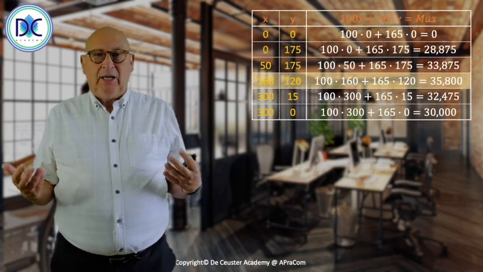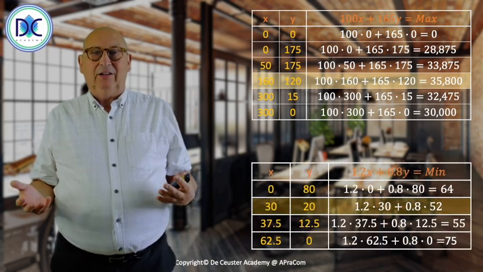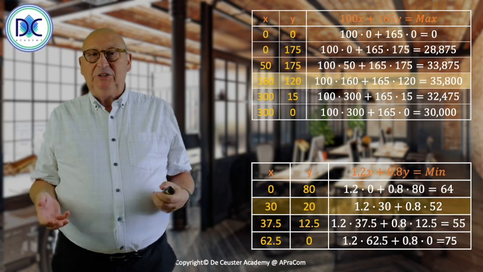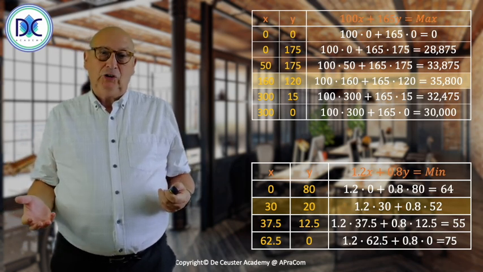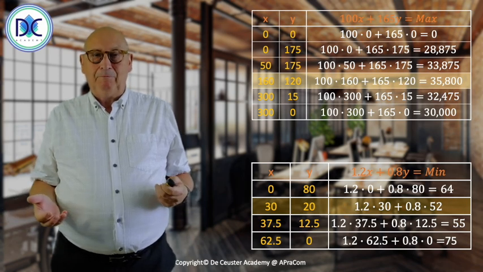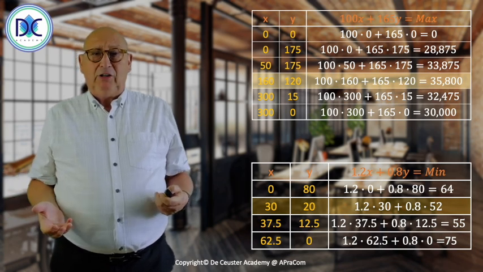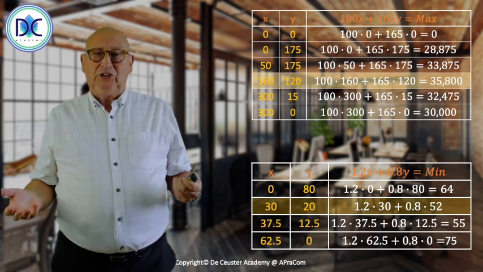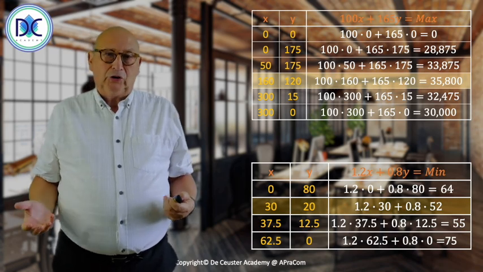The corner points are points that probably will entail a solution. For a maximization problem, we calculate the value of the objective function, which should be maximum, and for the minimization problem, we find the minimum value of the objective function, which describes the optimal solution, for example, the lowest cost.